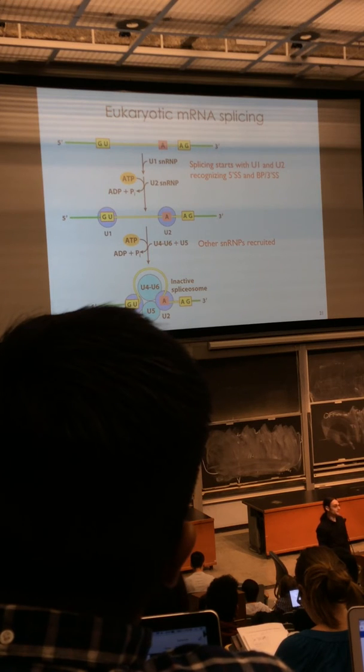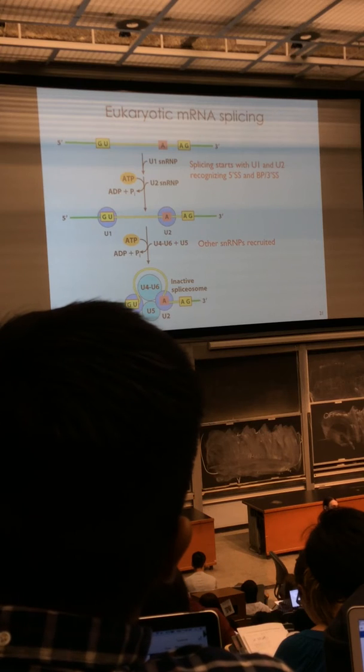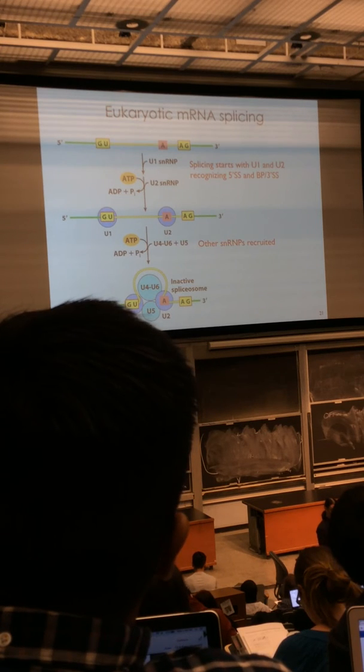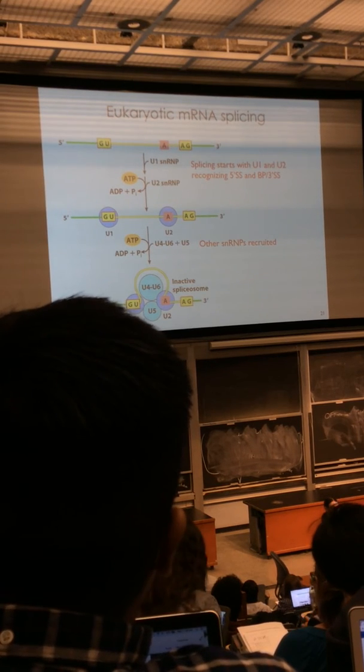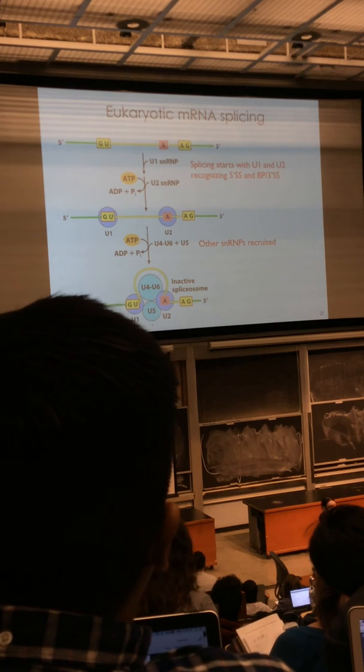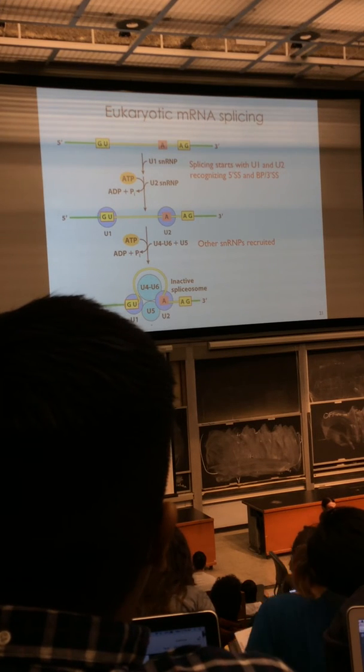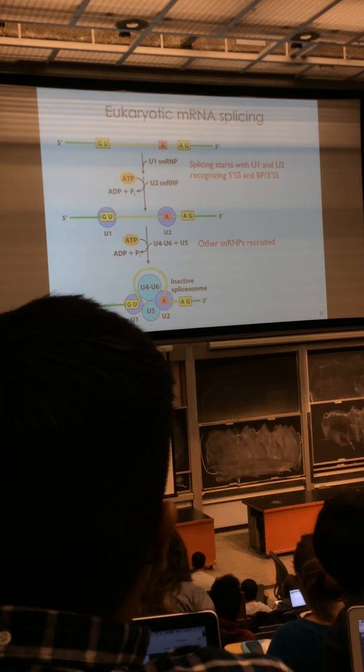The ATP is being hydrolyzed by proteins involved in the process, things like RNA helicases that are changing the RNA conformation of these snRNAs to favor the base pairing with their targets.